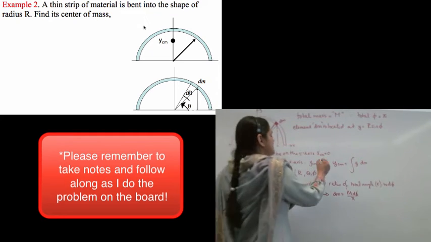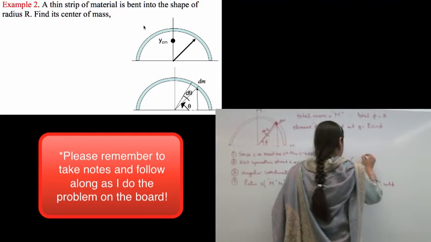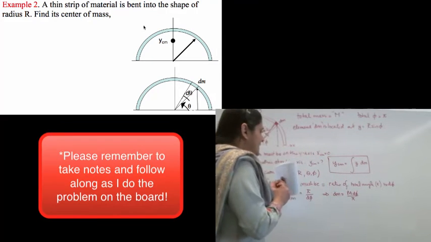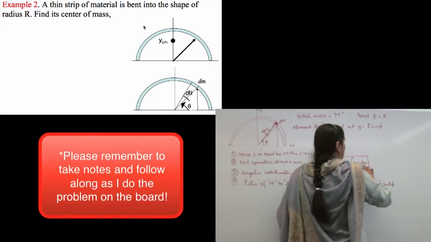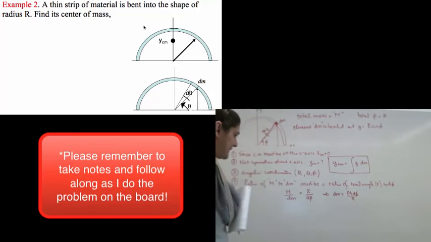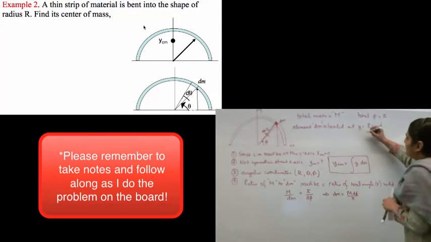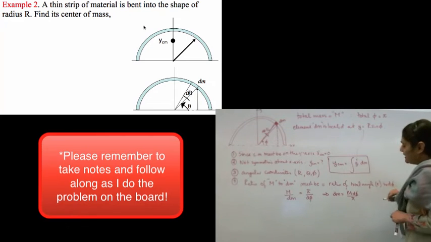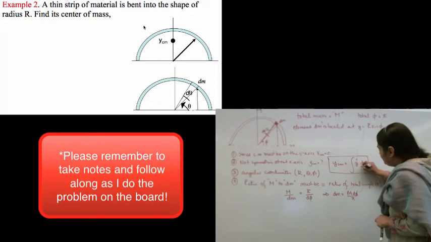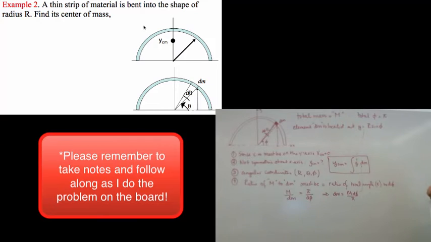So this was my original equation, right? I now have a y, and I now have a value for dm. Now I have to plug the numbers in. I'm going to pick this expression from here and plug it into here, and pick this expression from here and plug it into there.